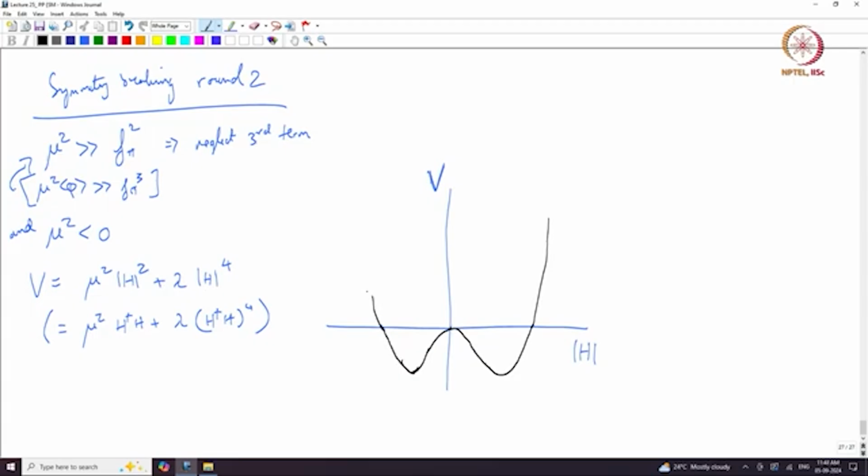So I hope I am drawing this symmetrically. If I have not, imagine this is symmetric, okay, around h equal to 0 in fact, okay. So that is the potential, okay.